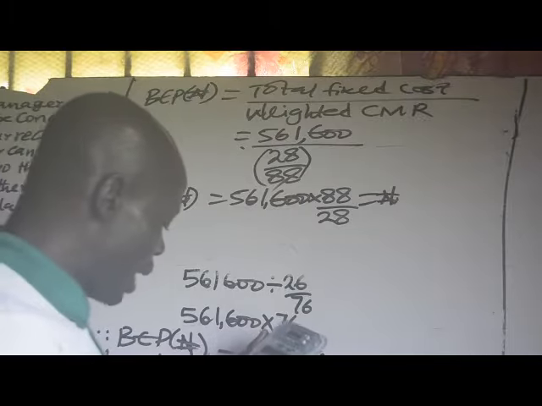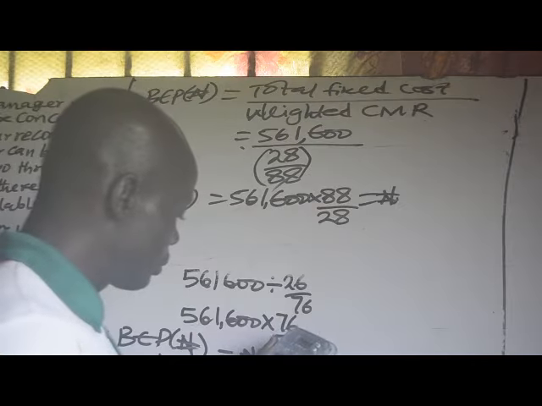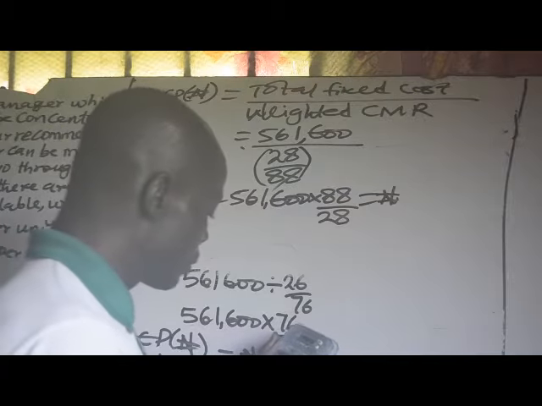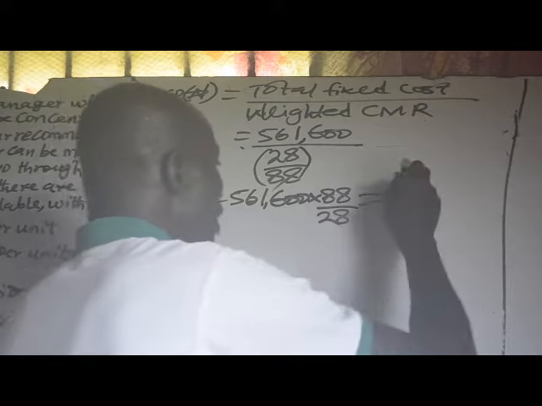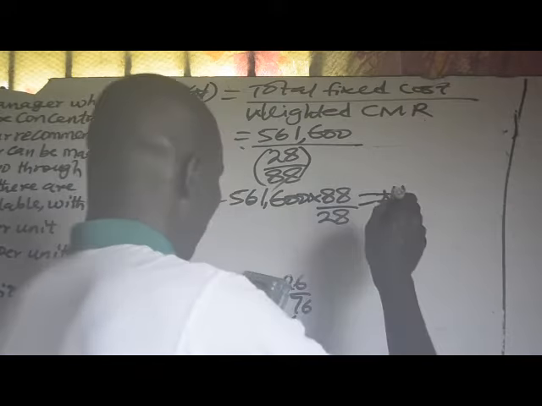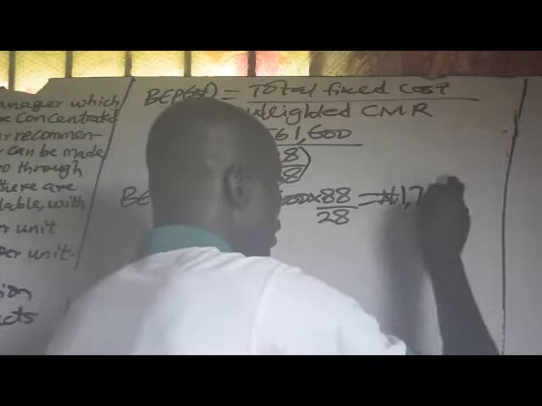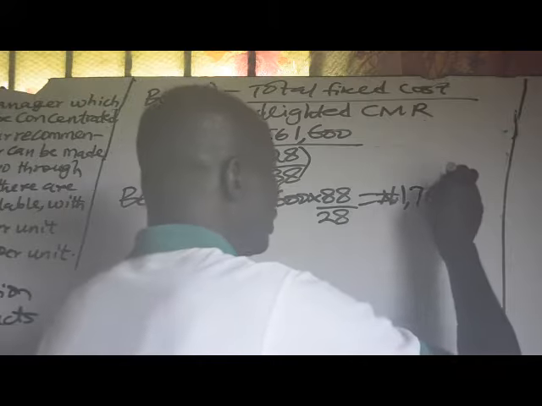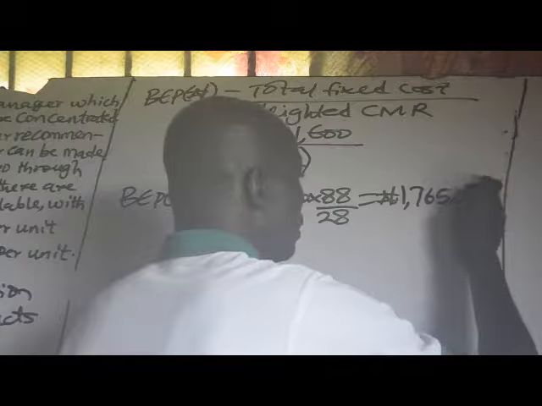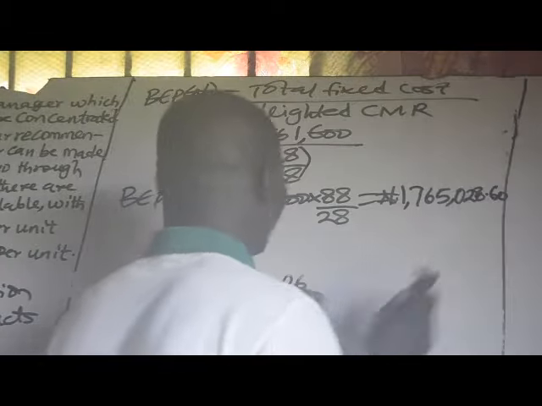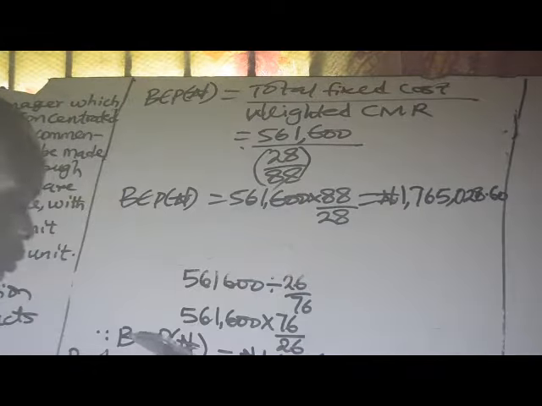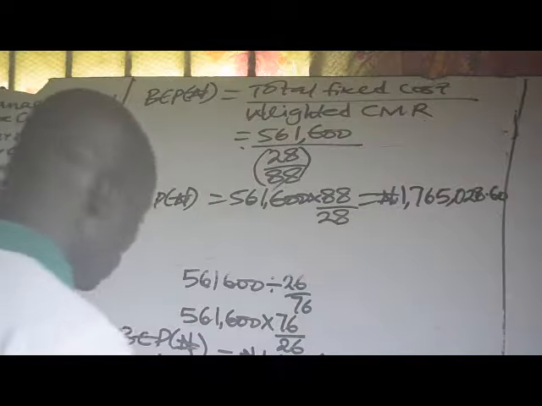So 561,600 times 88 divided by 28 gives us 1,765,028.6. That is the overall BP in Naira.